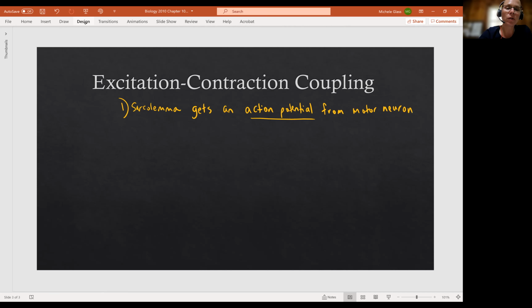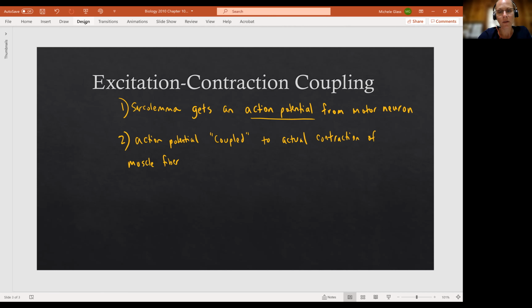The second important thing is that the action potential is going to be coupled to the actual contraction of the muscle fiber through the release of the calcium ion, which is stored, remember, in the SR, our abbreviation for sarcoplasmic reticulum.